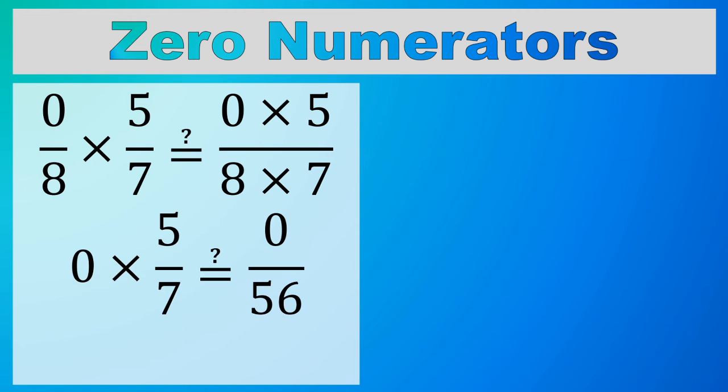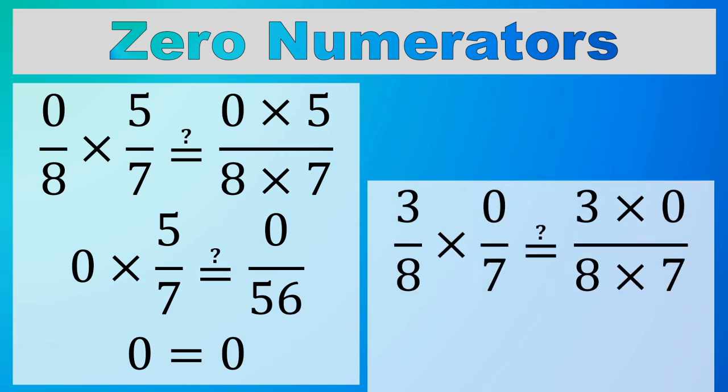Well, 0/8, that is 0, and 0 times 5, that is 0. Now 0 times anything is equal to 0, and 0 divided by anything but 0 is equal to 0, and so we have 0 is equal to 0, which is true, and so 0/8 times 5/7 is indeed equal to 0 times 5 over 8 times 7, and so I do multiply both the numerators and denominators.